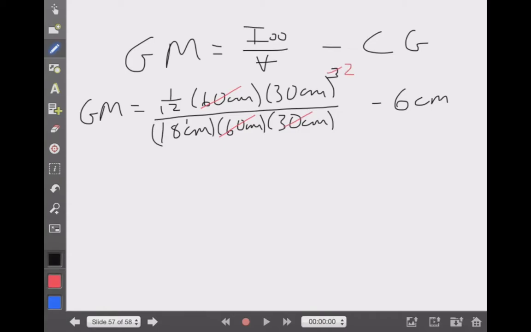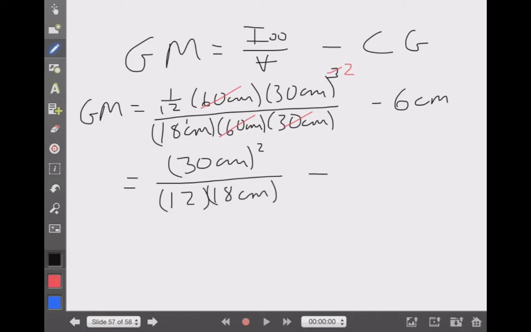What we're left with is 30 centimeters squared divided by 12. The factor from the numerator goes into the denominator, and all we're left with in the denominator is 18 centimeters, and we subtract off 6 centimeters.